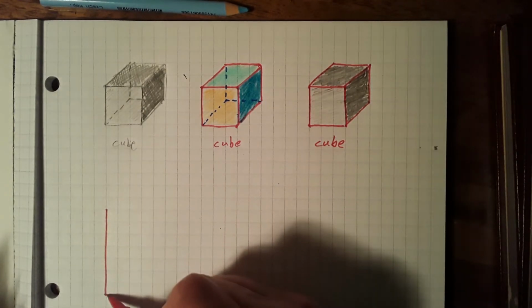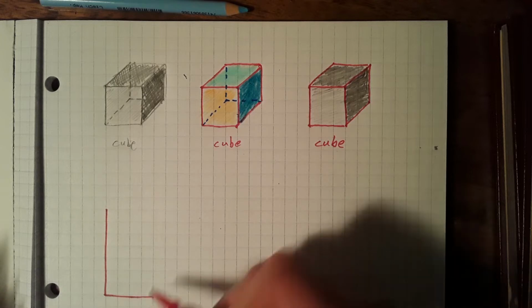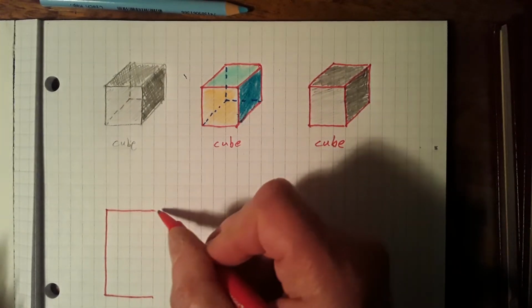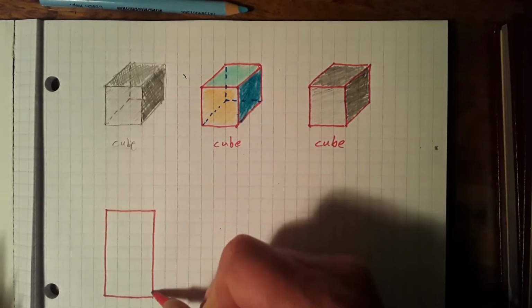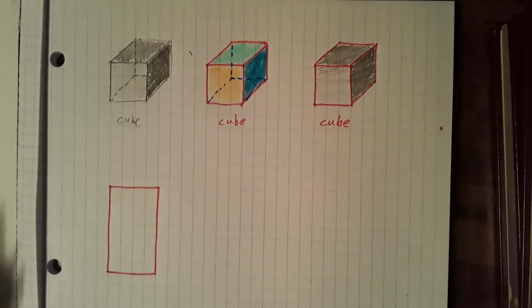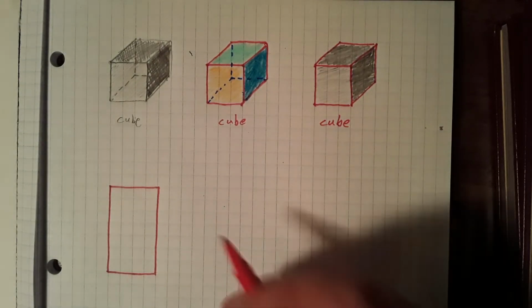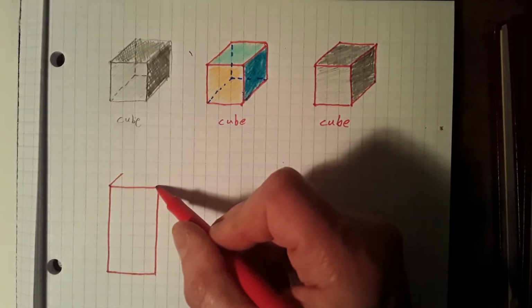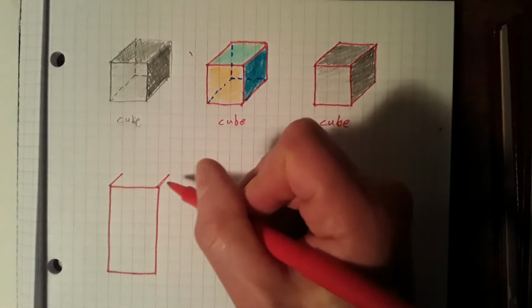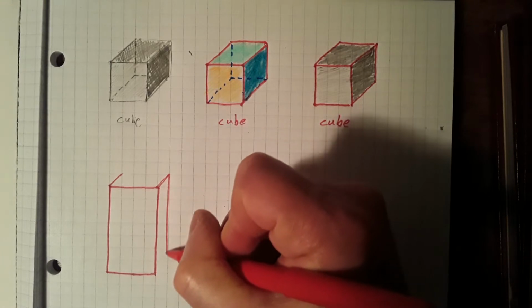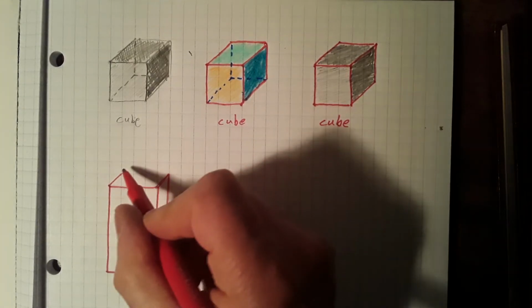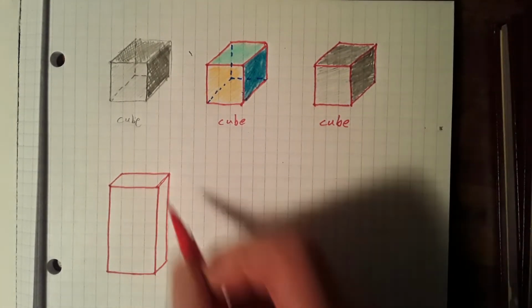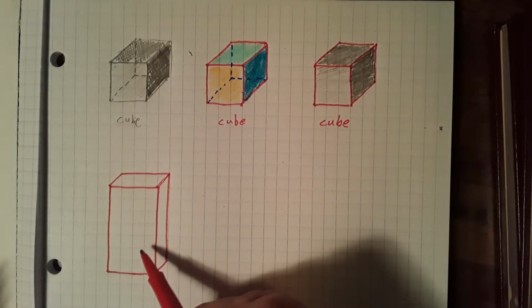So this sort of box, for lack of a fancy name, you have a rectangle there, you have a rectangle, and maybe it doesn't really go very far back. So you have all different size rectangles on the front and the back.